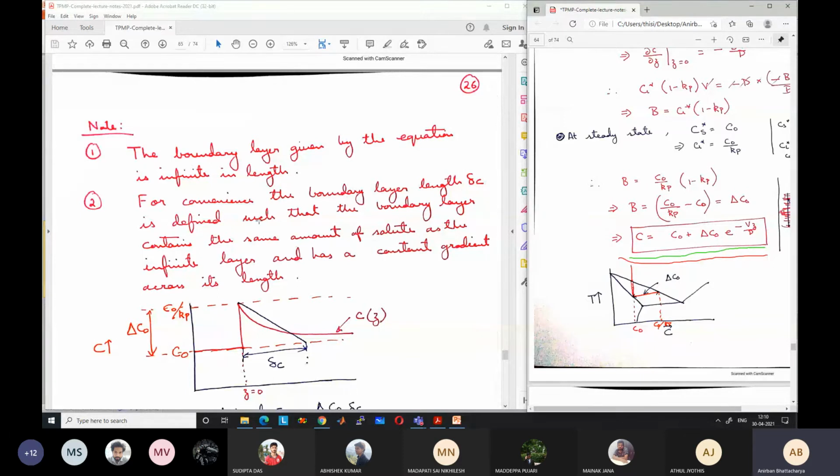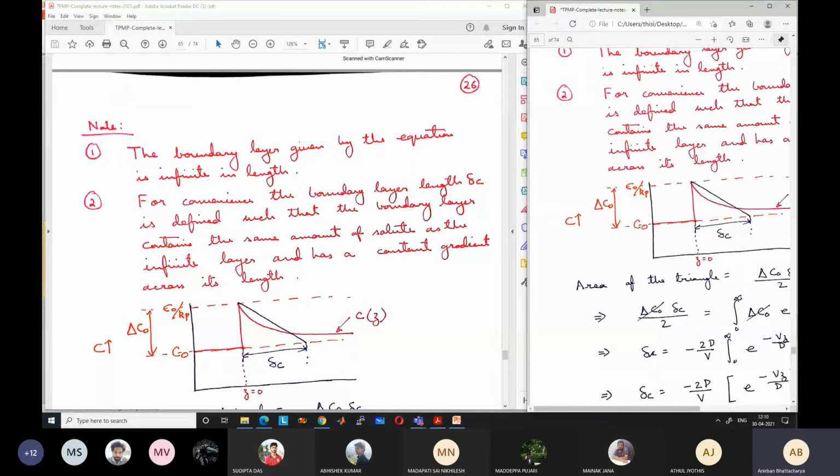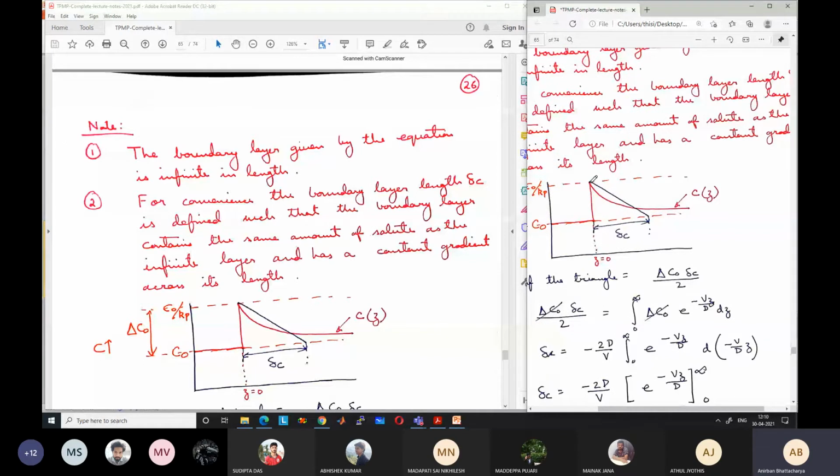So for example, if we come to this case, the actual boundary layer looks like this, the red colored line, but we define a boundary layer which has a constant gradient, so it is a straight line and has the same amount of solute within it. So the area within the triangle is equal to the area between this line and this line. Okay.